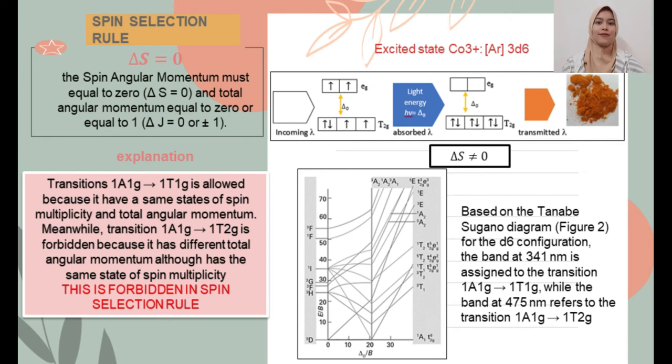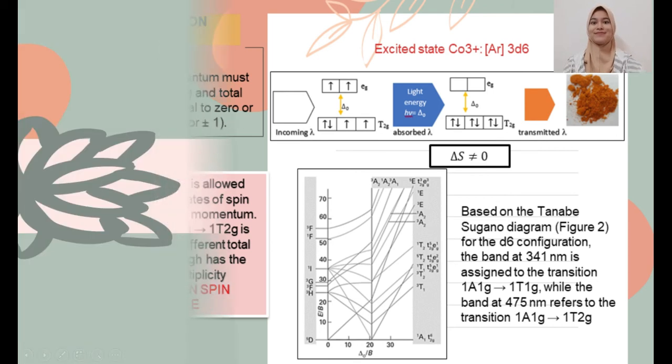So this is forbidden in the spin selection rule. That's why we cannot explain our complex color using the spin selection rule and the Laporte selection rule. Next, my friend will explain the color using charge transfer. Thank you.